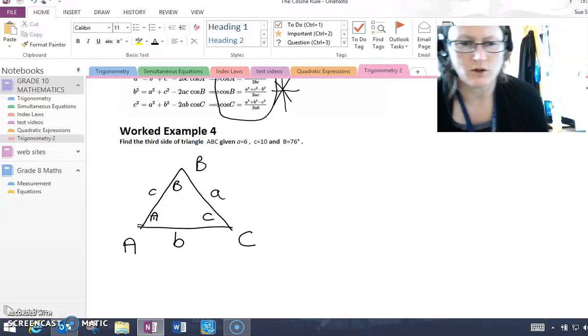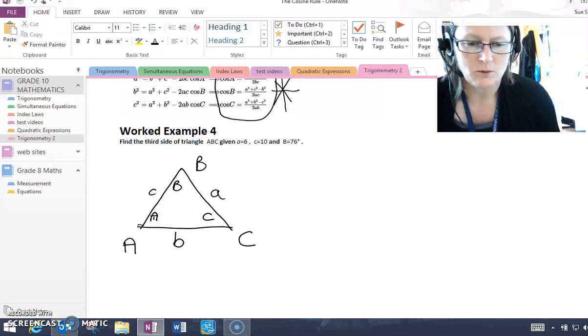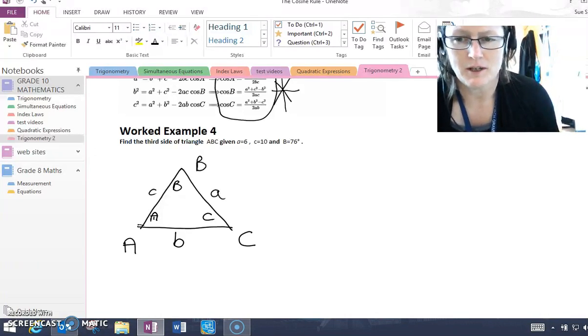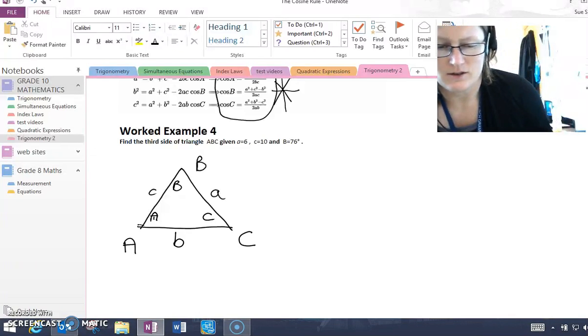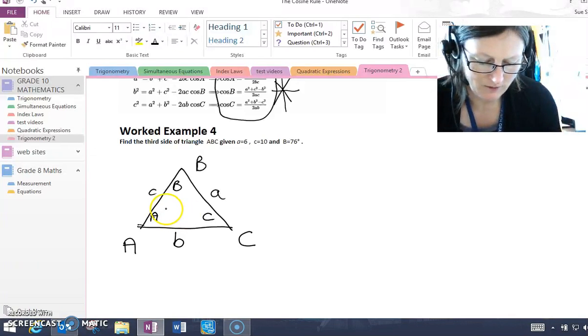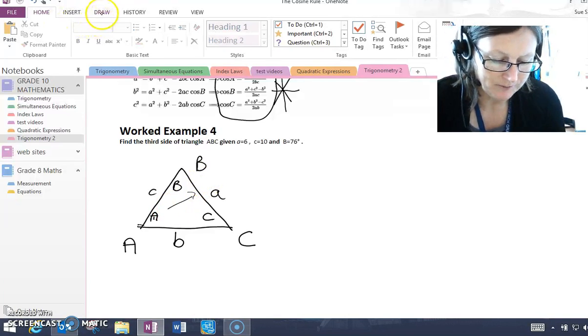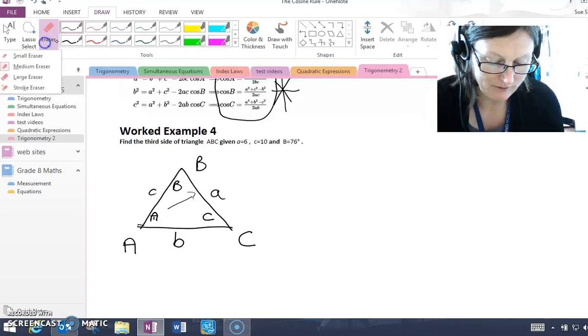I've already drawn the triangle. So we've got a triangle ABC. I've marked in angle A and side A being opposite angle A, etc. Now I'm going to put in the information that I have.